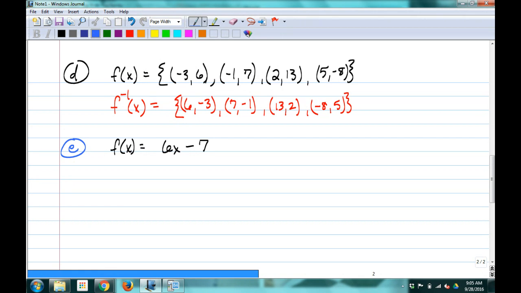What's y in this problem? That's the y-intercept. What's y? Like y. F of x. What do inverses do? Swap x and y.